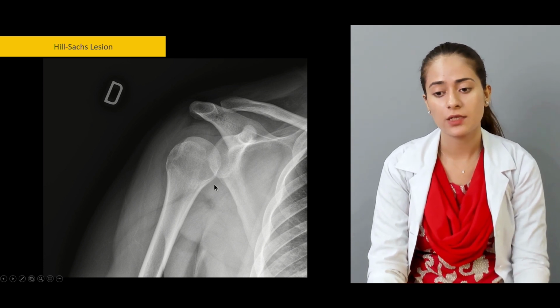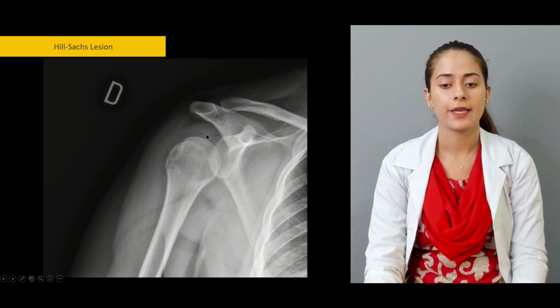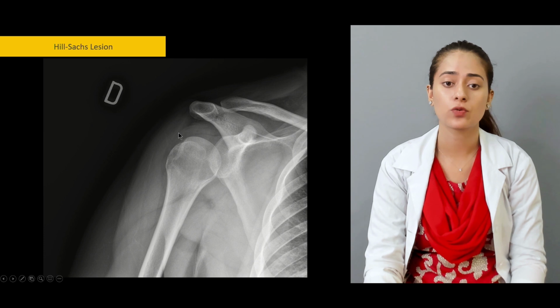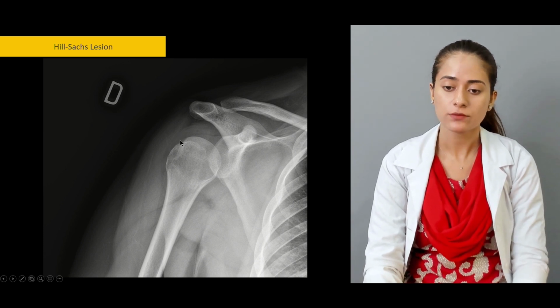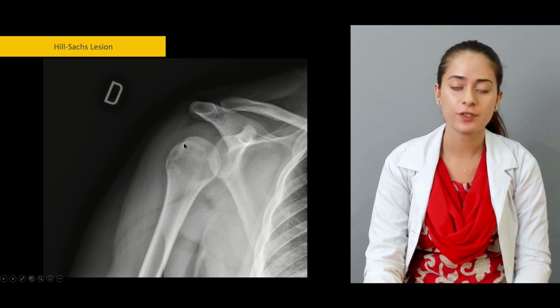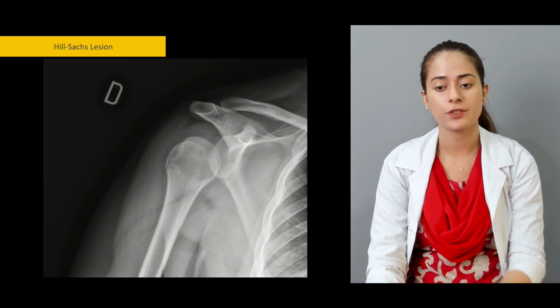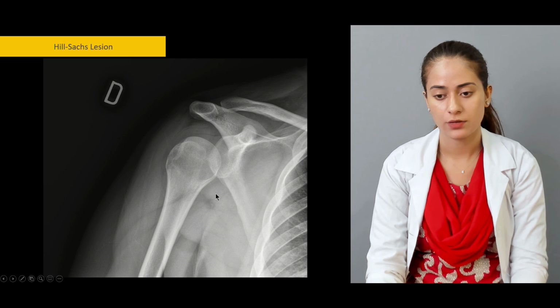So if the labrum of the glenoid is fractured, it's called Bankart, and if this surface of the humerus, or the humeral head, is fractured, it's called Hill-Sachs fracture, or the Hill-Sachs lesion. So what is the surface? It's actually the superior posterior surface of the humerus, which is vulnerable here because of this dislocation.